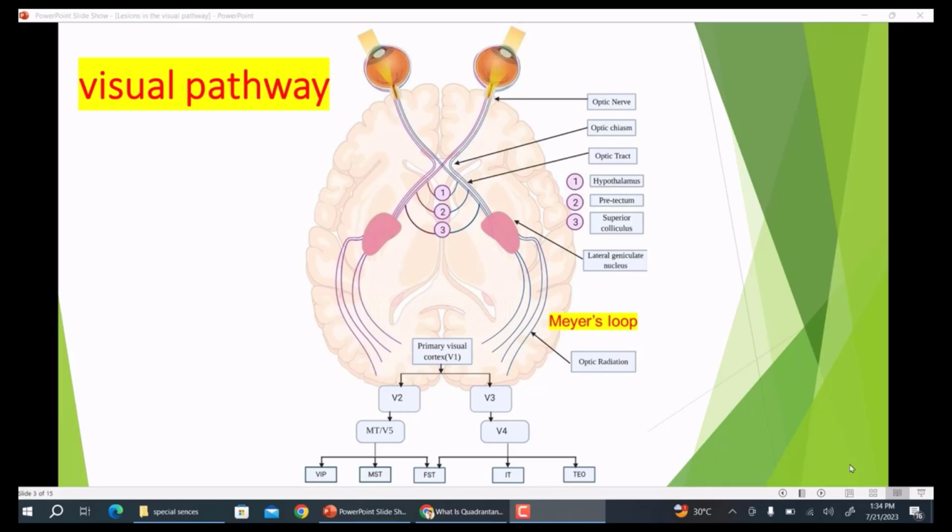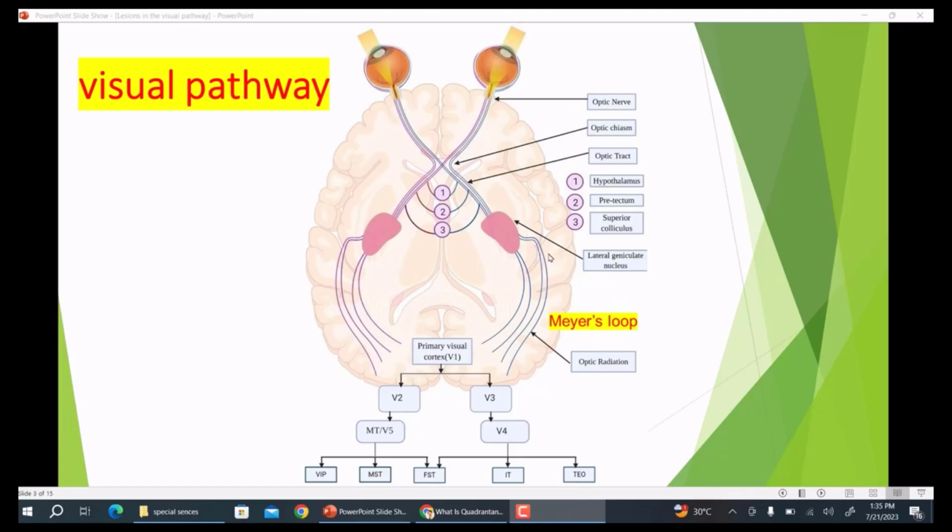Meyer's loop, also called the lower or inferior optic radiation, passes through the temporal lobe to the visual cortex and ends at the lower bank of the calcarine fissure, and the upper optic radiation ends at the upper bank of the calcarine fissure, passing through the parietal lobe.